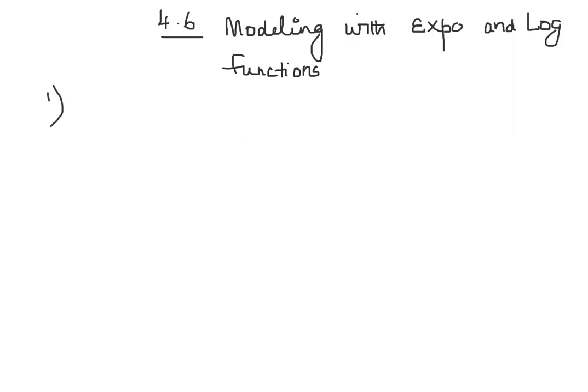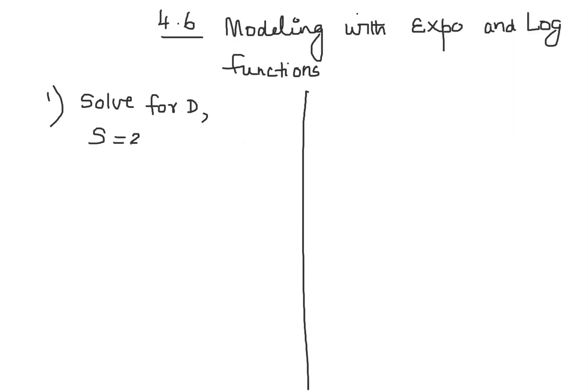The first problem, number 1, says solve for d from the equation f equals 23.5 plus 2 times log d. So we have to solve for d, which means from this equation we have to get the d by itself.